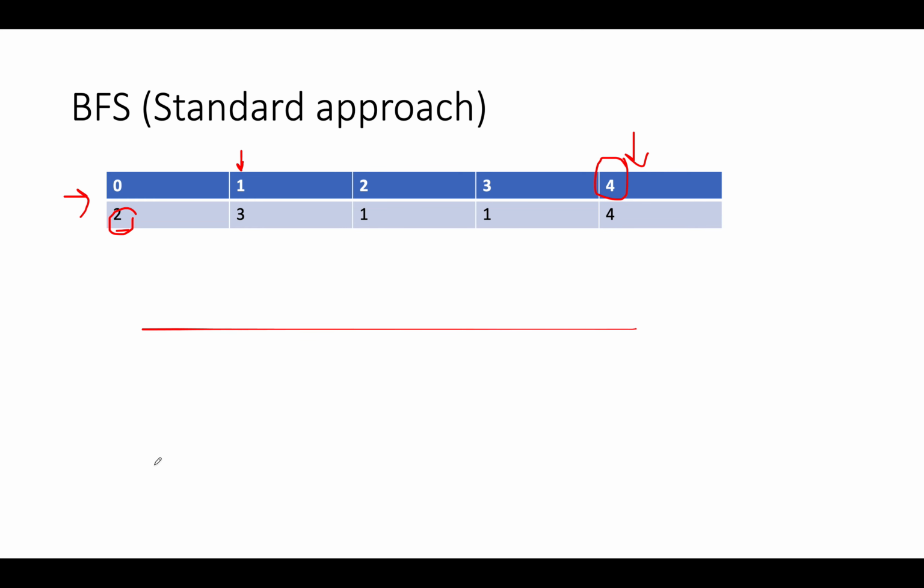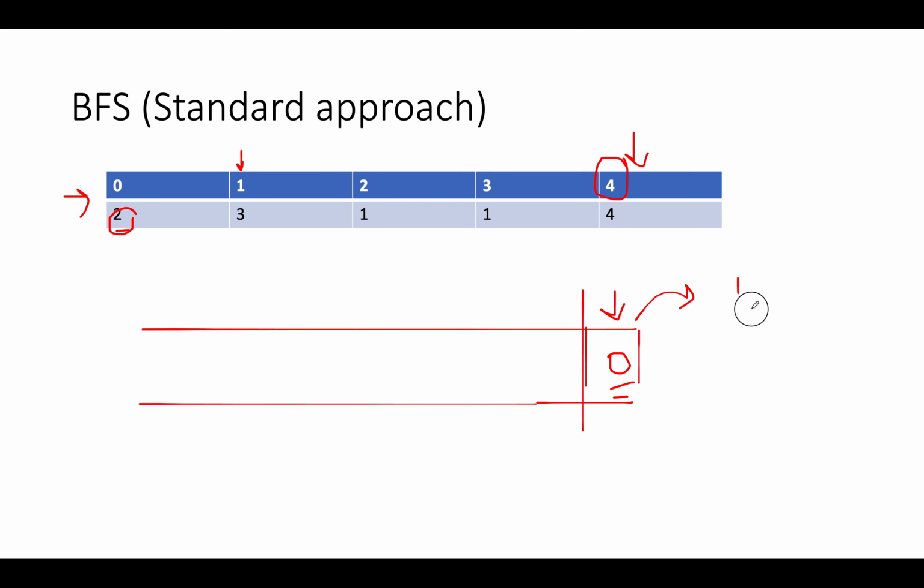So let's get started with it. We'll create a queue, and since we are at the starting position, we'll add the 0th index into the queue. As usual, we'll pull out elements from the queue, and we will generate the maximum length up to which you can reach from this current index.